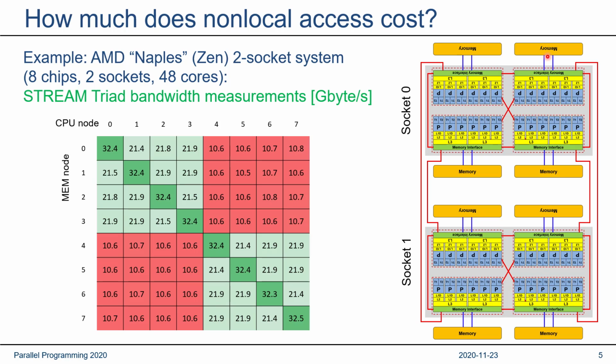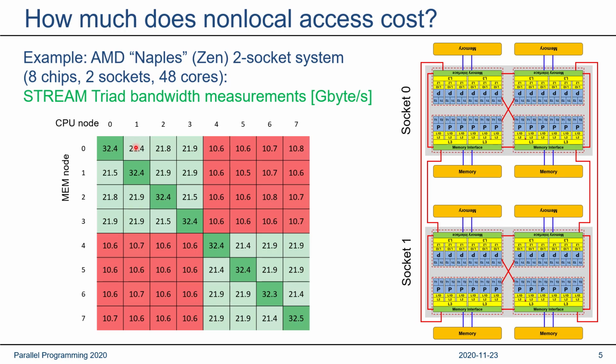Now, if we put the memory somewhere else and leave the code running where it is, we have non-local access. But there are different levels of non-locality here. The first level of non-locality we encounter if we put the memory in a different domain, but the domain is still on the same socket. So we're using some kind of internal network within the socket. And this happens in one of these 2 light green squares on the left top and bottom right in this table.